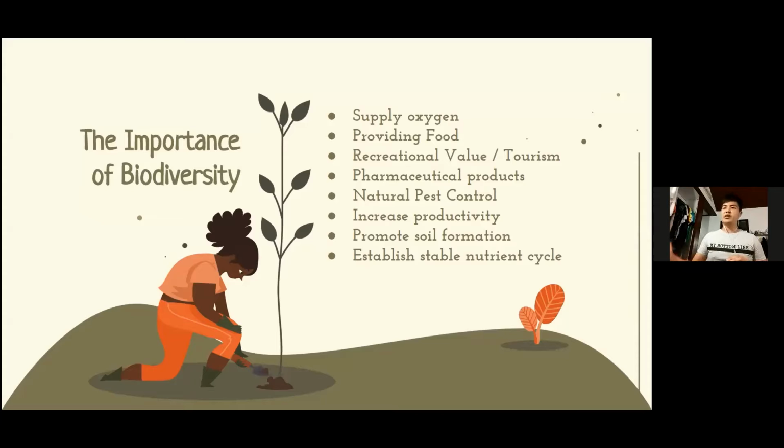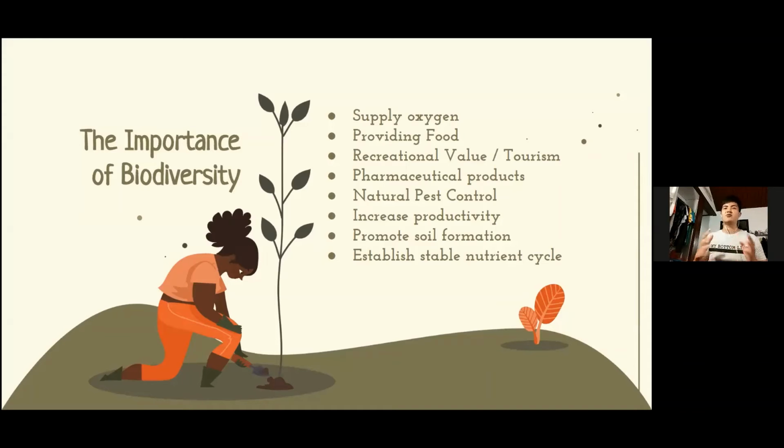And with biodiversity, we can exercise natural pest control because, as you know, in nature, it's always about the predator and prey relation. So in some ways, nature will regulate the population of certain pests, and this is a natural process, and we don't have to interfere with that. With a very healthy ecosystem, we can do a lot of this by itself.